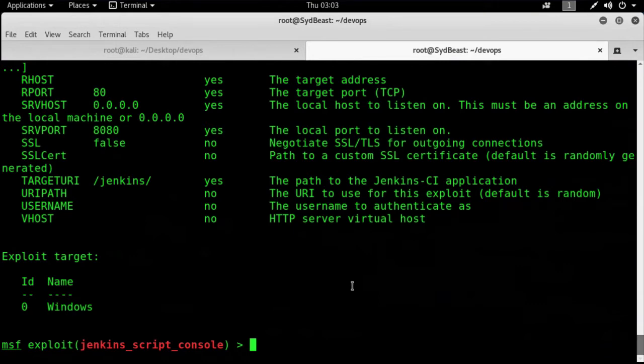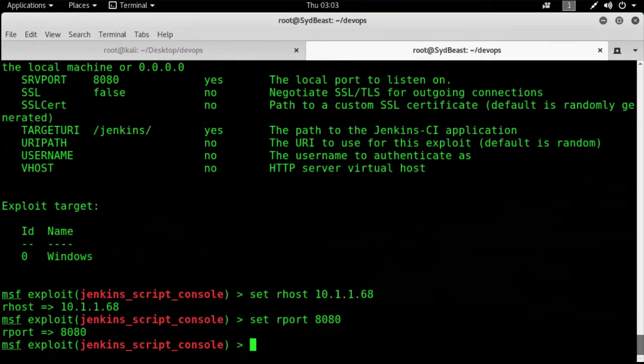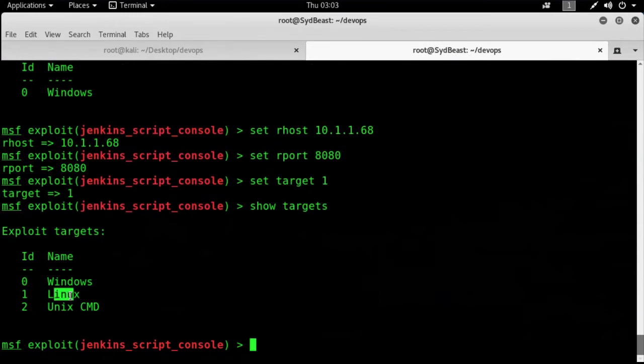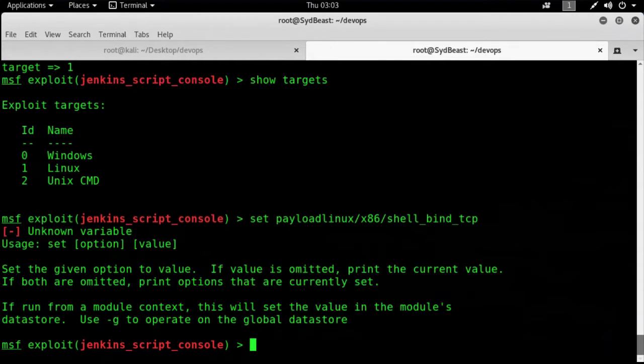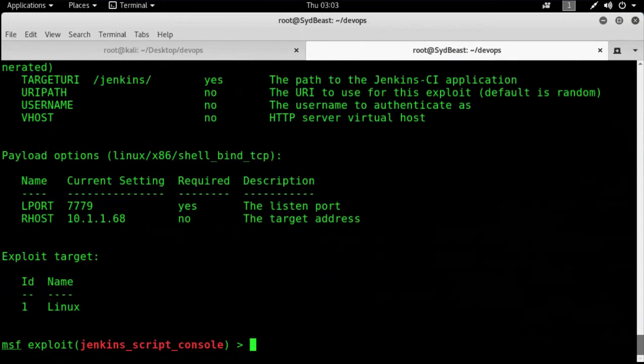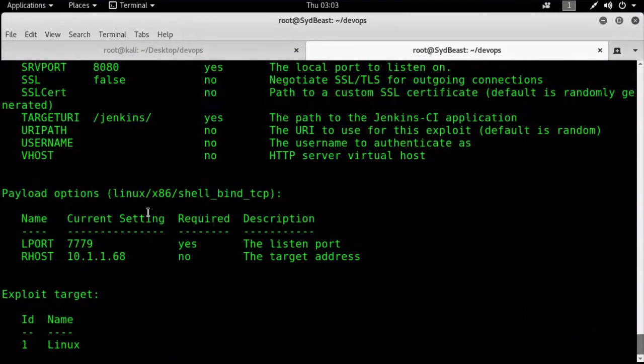Again, these payloads need some options set, and that's what our attacker is doing right now. We're setting up a payload so that when this script gets executed on the Jenkins server, we can get a reverse shell and connect into the compromised server and then start to execute some commands remotely, if it's successful.